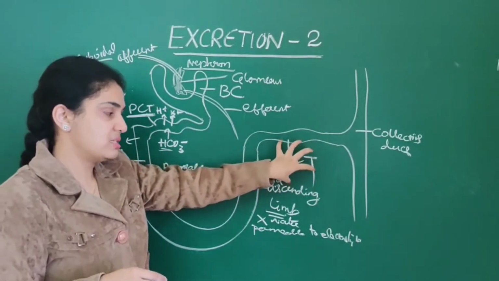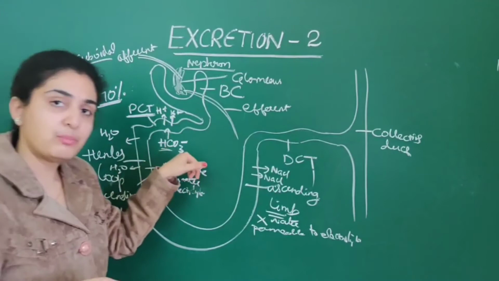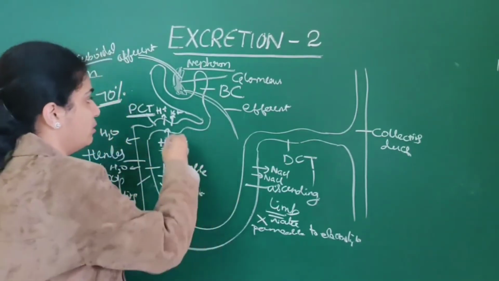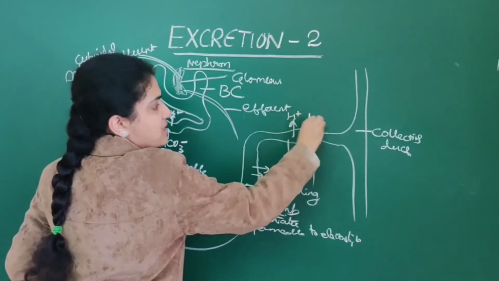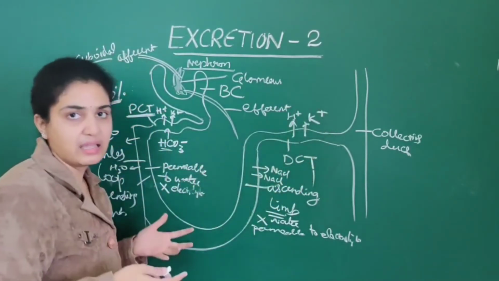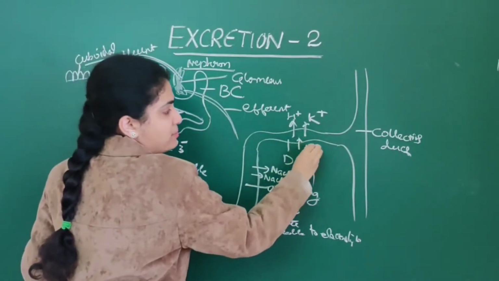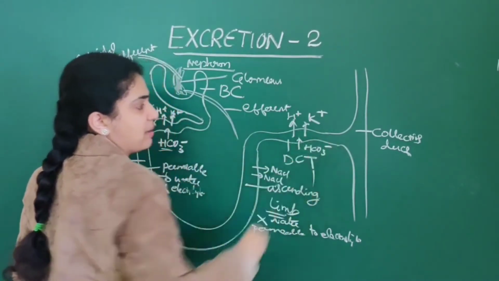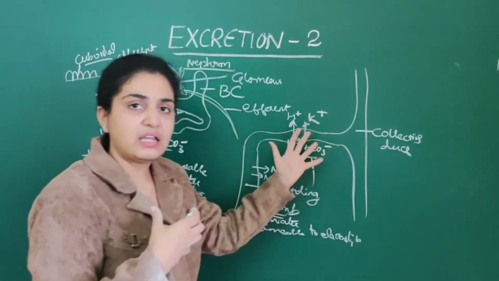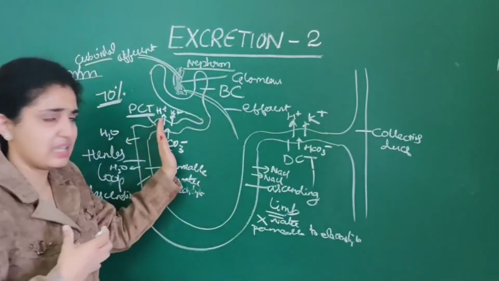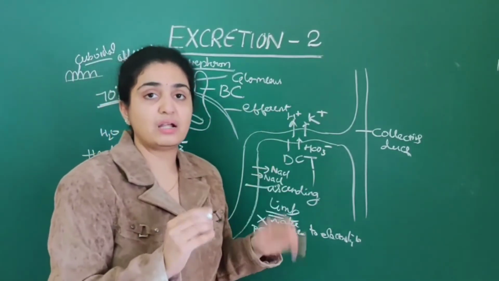In the distal convoluted tubule, same as the proximal convoluted tubule, hydrogen and potassium are secreted out, and there is absorption of HCO3 minus, bicarbonates.